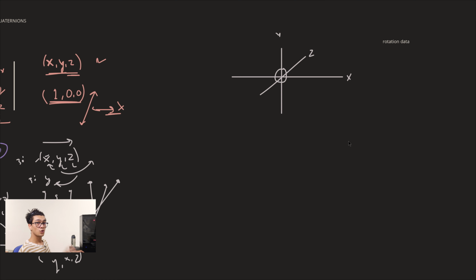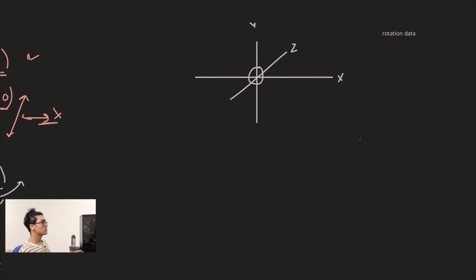And this rotation data is now being stored in a vector 4 data, sorry, a 4 component vector.